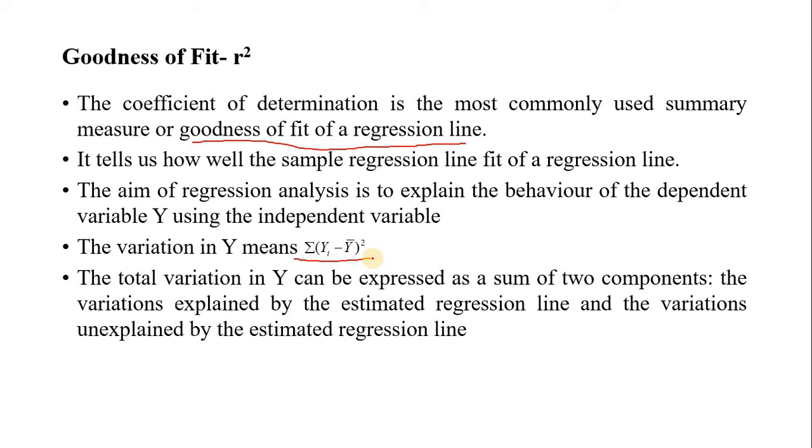The total changes in a dependent variable can be expressed as a sum of two components. The first component is the changes that can be explained by the regression line, and the second is the changes that cannot be explained by the regression line.